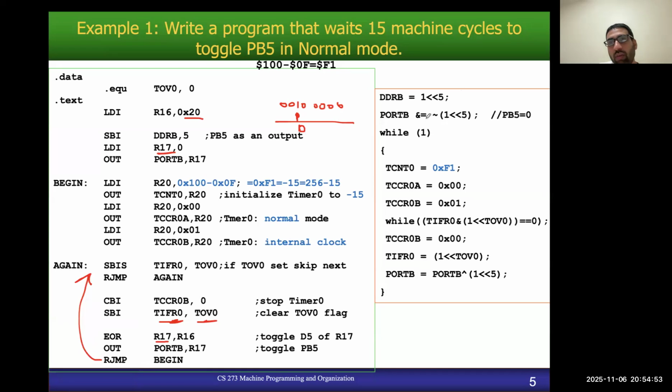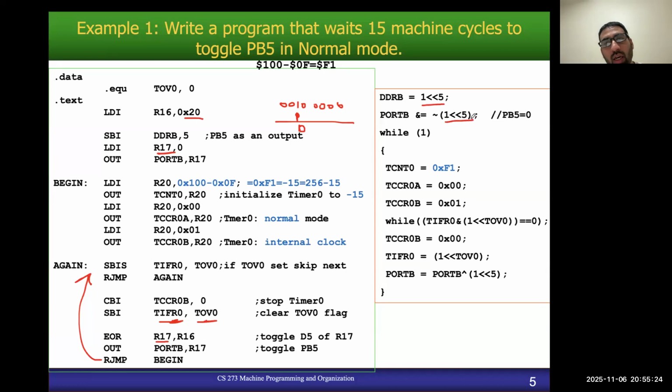So here you are first configuring the pin B5 as output by shifting 1 five times to the left, and then putting that as a value in DDRB, which is effectively setting PB5 in output mode. And then you are writing on port B the value of 0, right?